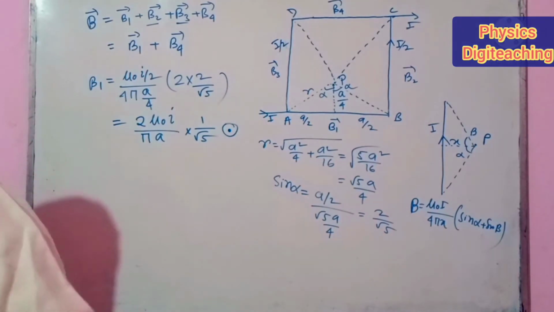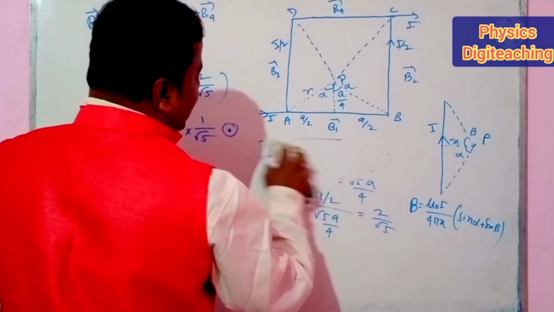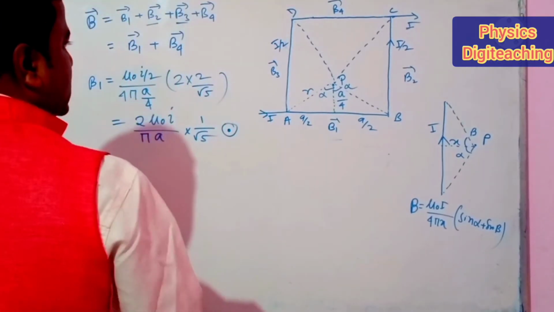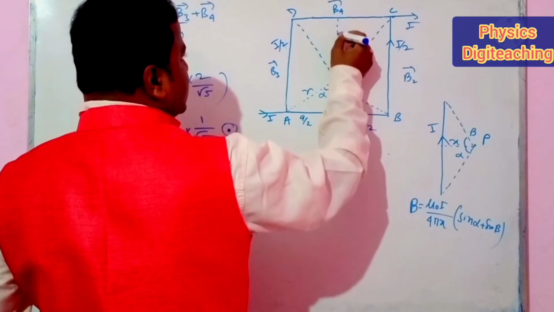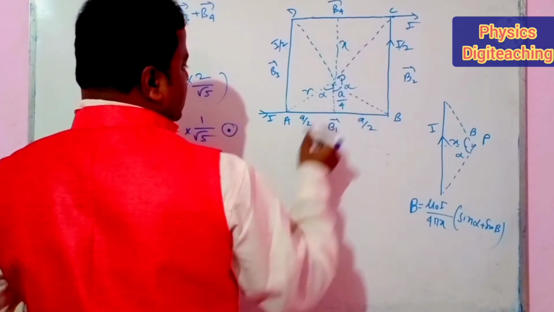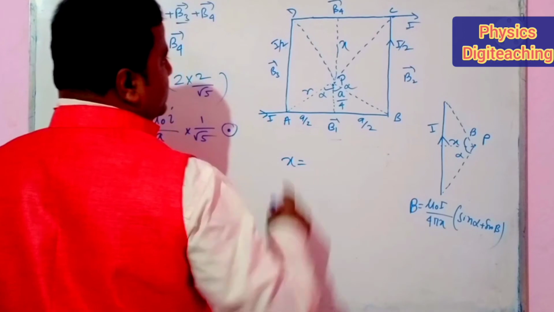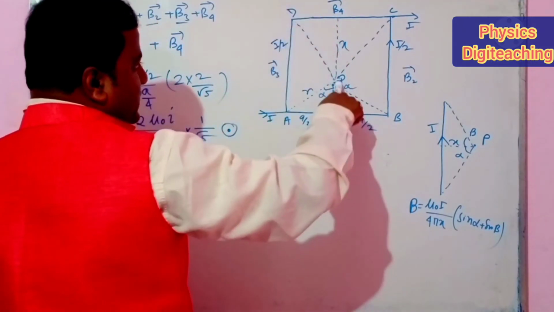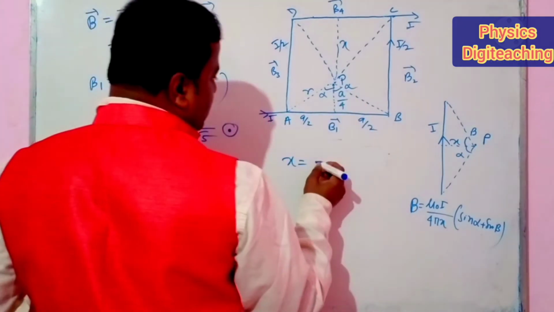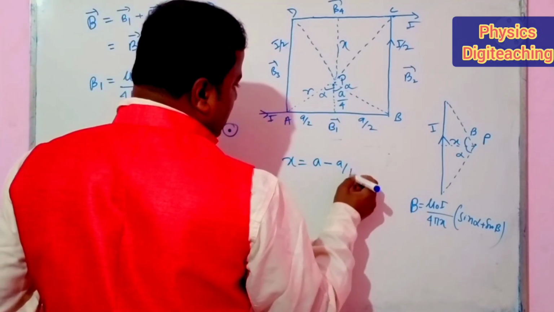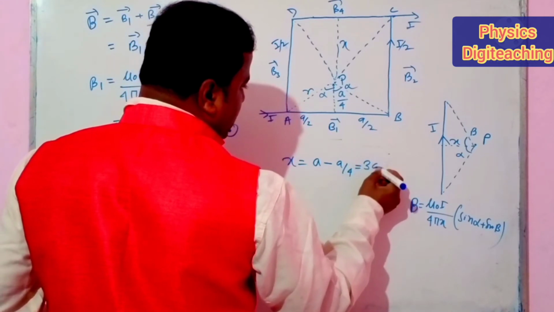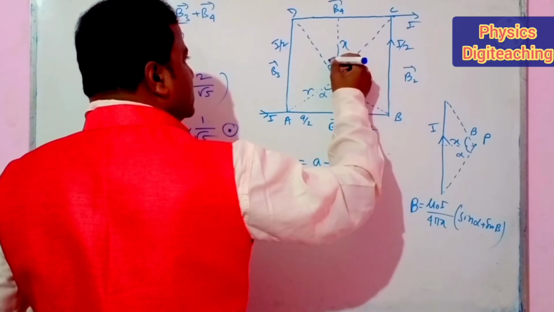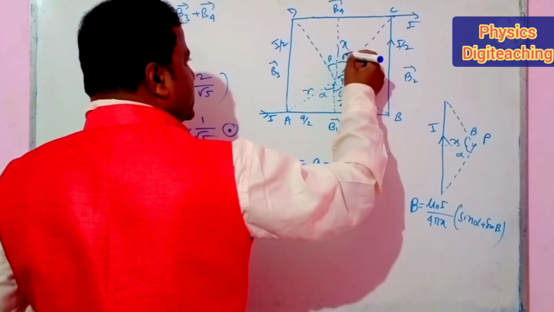Okay. Next, we calculate B4. Here the distance x equals total distance a minus a upon 4, this gives 3a upon 4. Here the angle is the same, this is beta, this is beta.